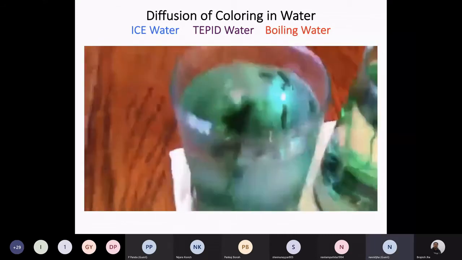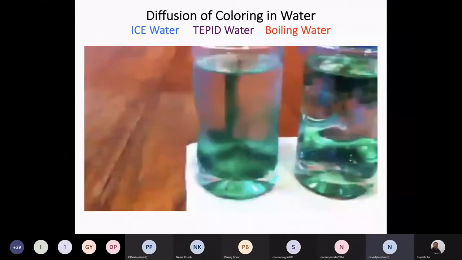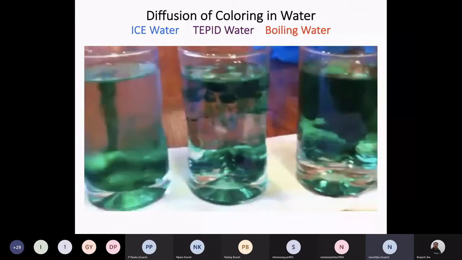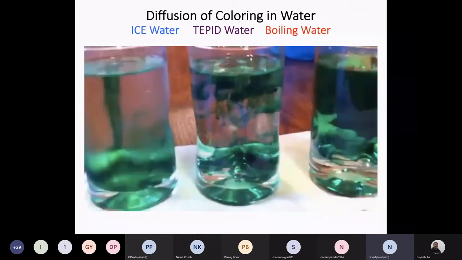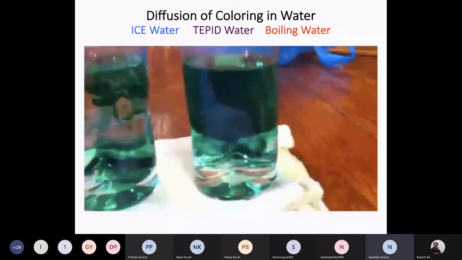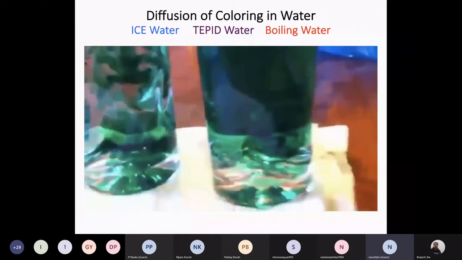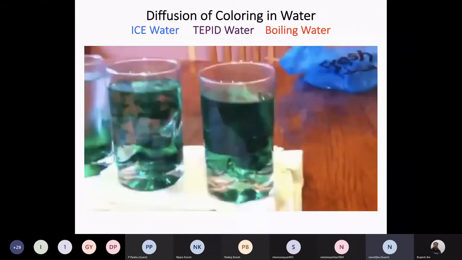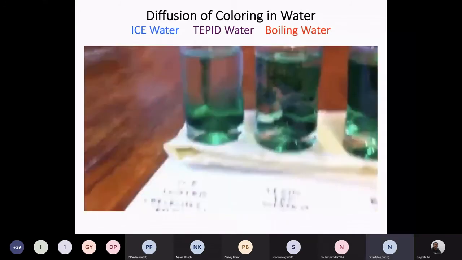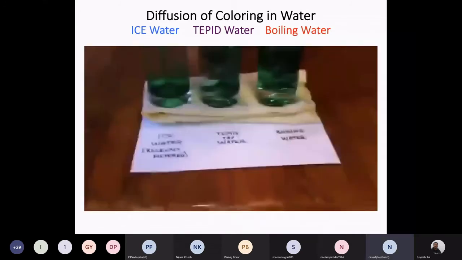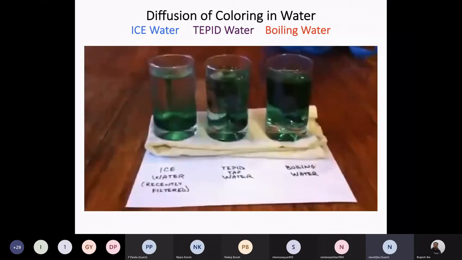Boiled water, definitely. So the boiled one has a fast diffusion.